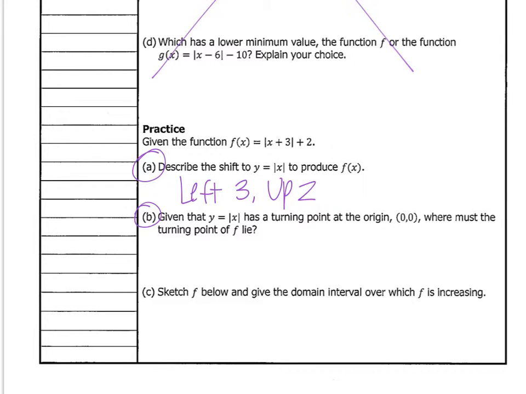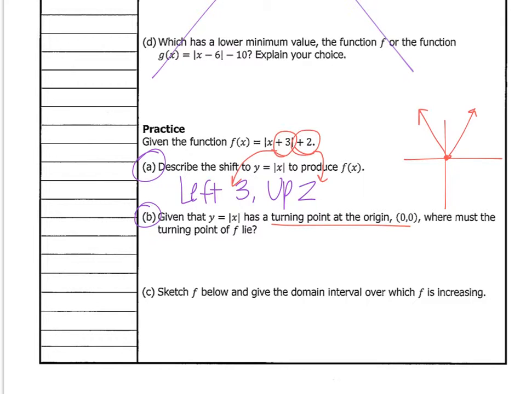Hopefully you were successful in saying that the shift is left 3 and up 2. This positive 3 on the inside makes us move towards the left, and this positive 2 on the outside means move up 2. So we did a problem like this yesterday. We have a turning point initially at 0, 0, so this is where our function looks like this. Absolute value of x goes up 1 over 1 with that vertex or turning point at 0, 0.